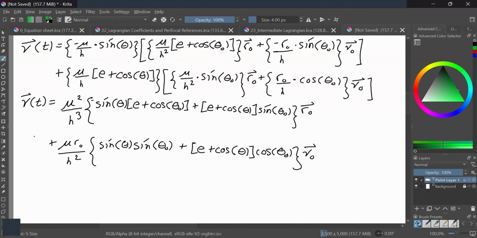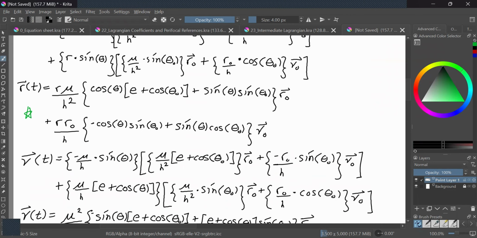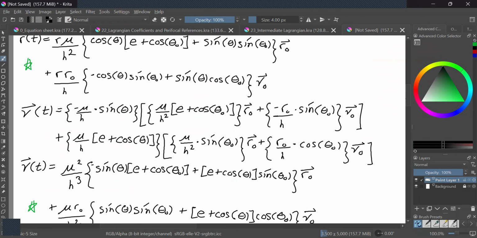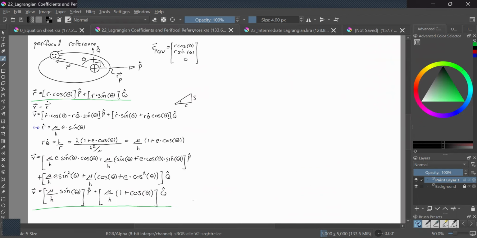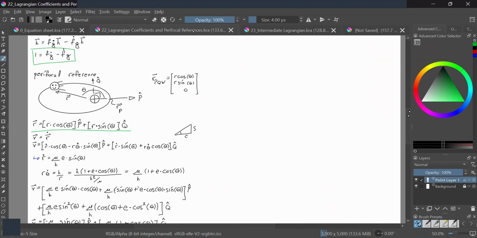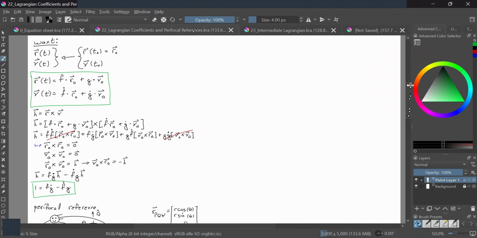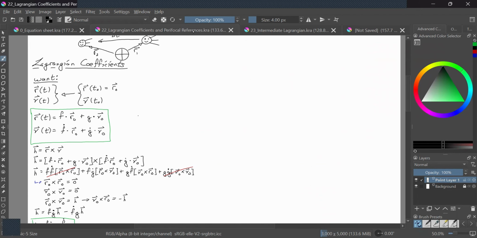Similarly, I will go ahead and mark this one with a star. The reason why I marked both of these equations with a star, I will not be able to fit both of them properly on here. But that is because if we go back over to the first episode in the miniseries and scroll up, here we go. We have F times R naught plus G times V naught for our R component.